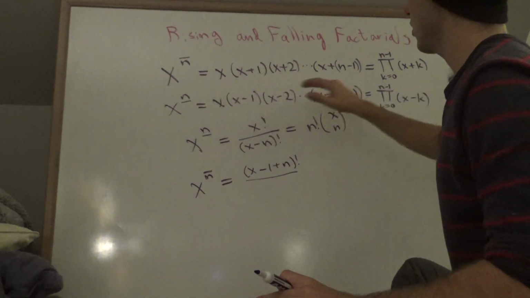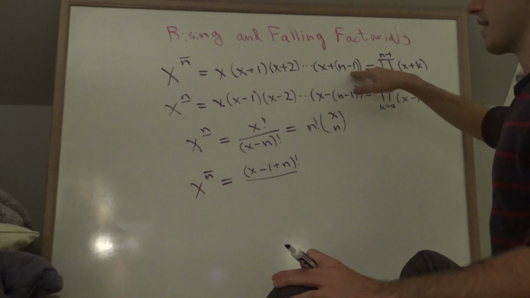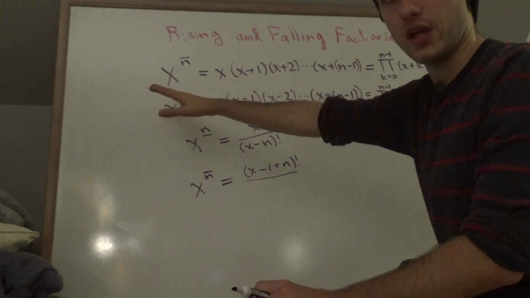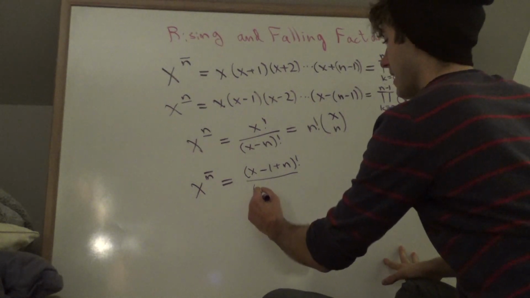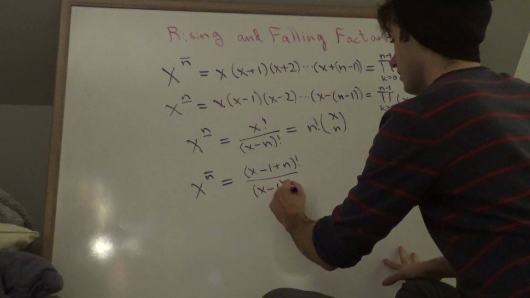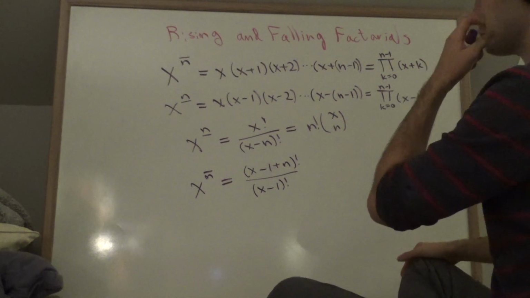Because if you think about it, we're going from x to x plus n minus 1, but there's all the stuff below it. So there's x minus 1, x minus 2, all the way down to 1. So we're dividing by x minus 1 factorial.